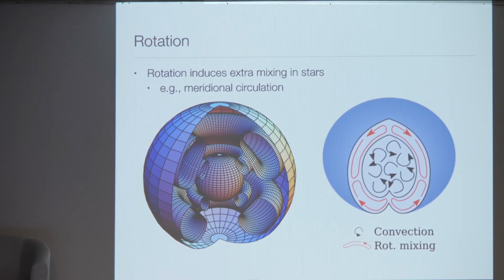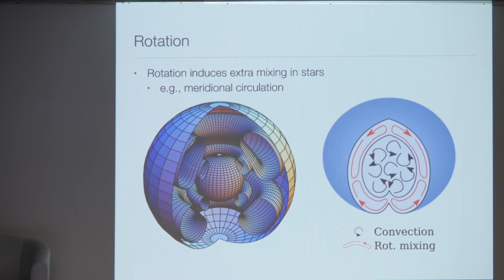The biggest one, I think, is probably the rotation. I didn't talk about the rotation at all, but the rotation can change how the star evolves and behaves completely. Especially, the biggest change you can expect is extra mixing caused by the rotation.